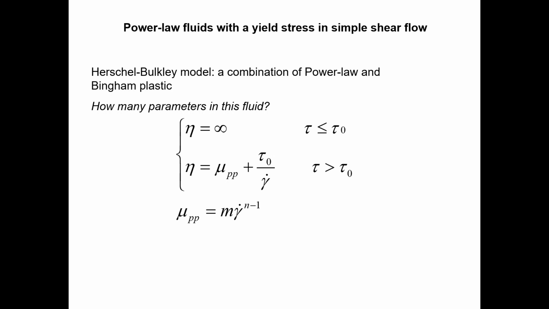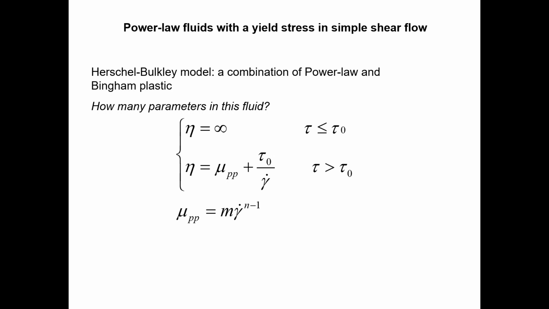Okay, so we are saying this effective viscosity is m gamma dot to the n minus 1 plus tau 0 over gamma dot. So if somebody gave me shear stress data versus shear rate, what is its relationship?